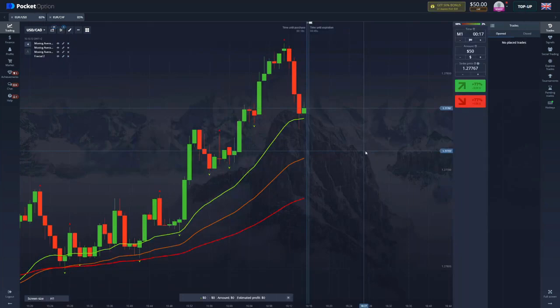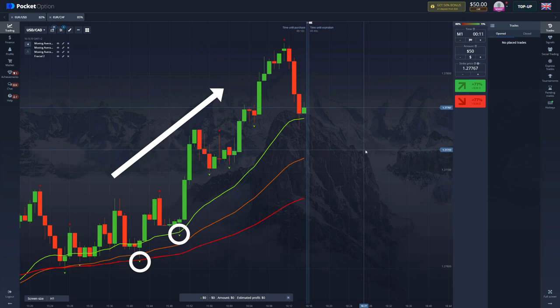Our entry signal is going to be when we see the price pull back into a 25 or a 50 EMA mark. Next, we need to wait until the fractal indicator prints an arrow that aligns with the market trend that you're currently in. So in this case, the market is in an uptrend, so we're waiting for a green arrow to appear and indicate that that is a perfect opportunity for us to go long.